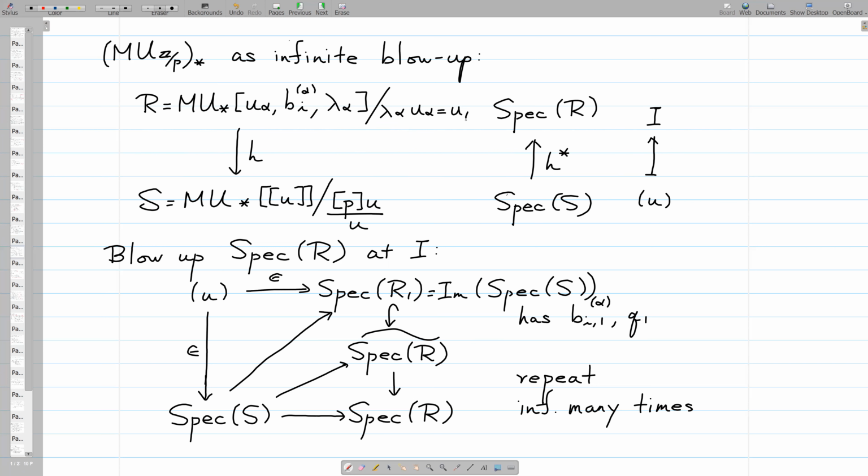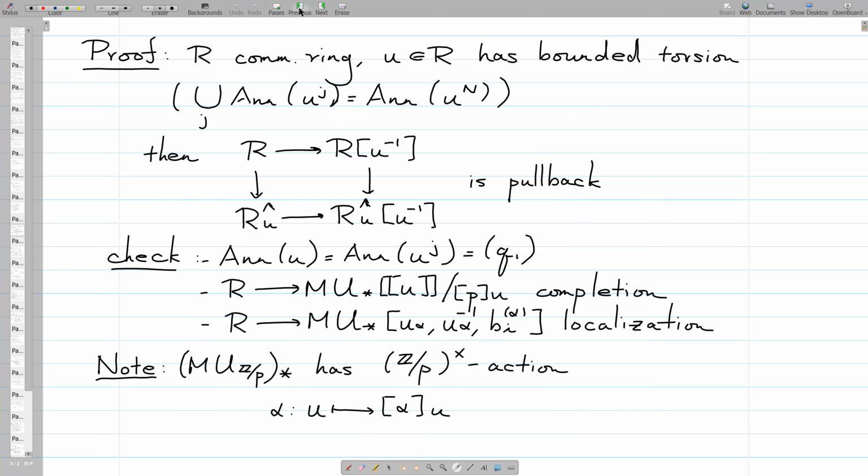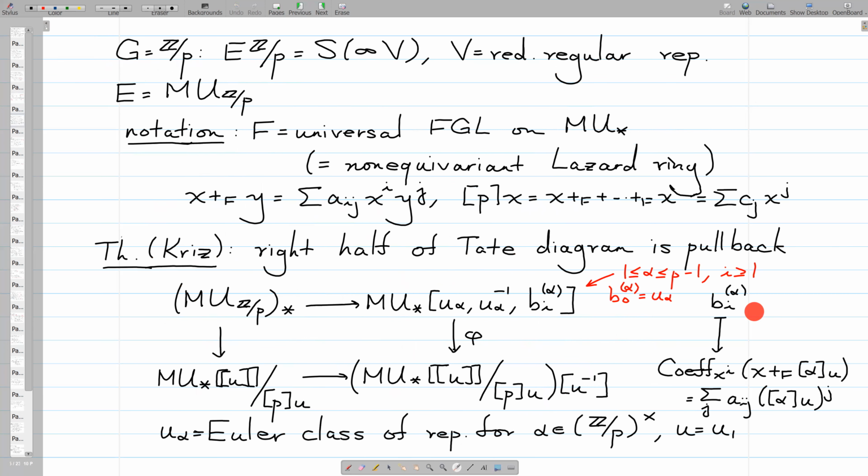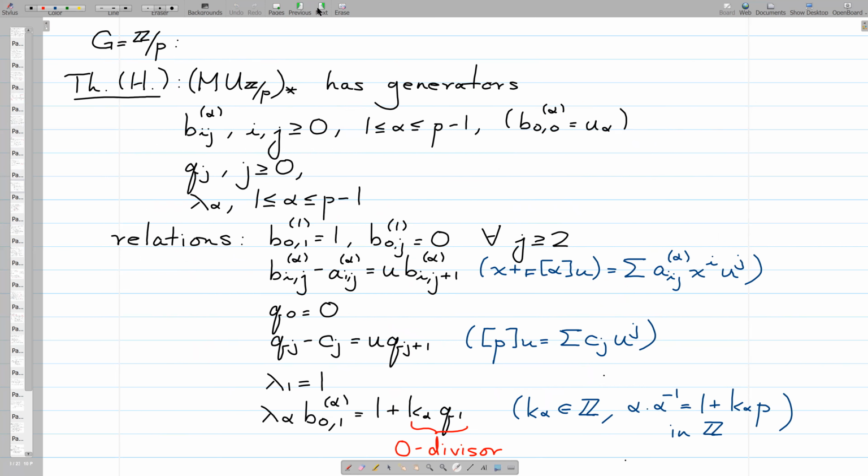Is U1. So there is a map that goes down from this. This map over here, that's kind of the main thing that we have.